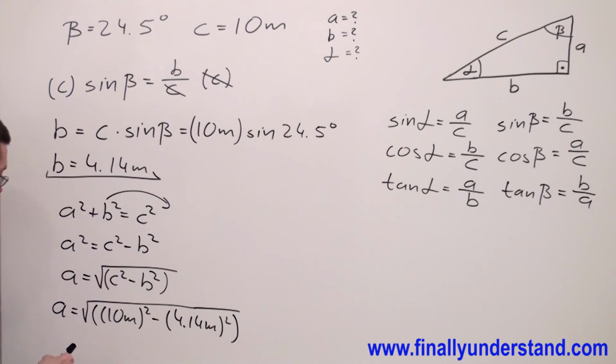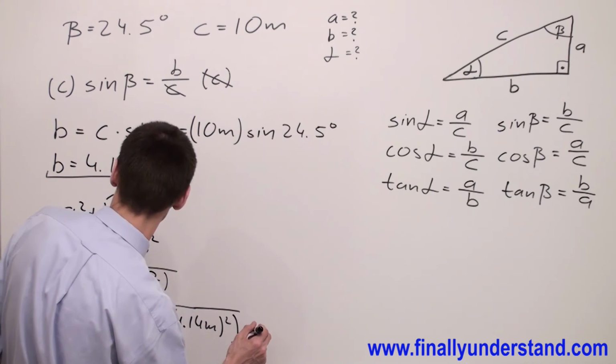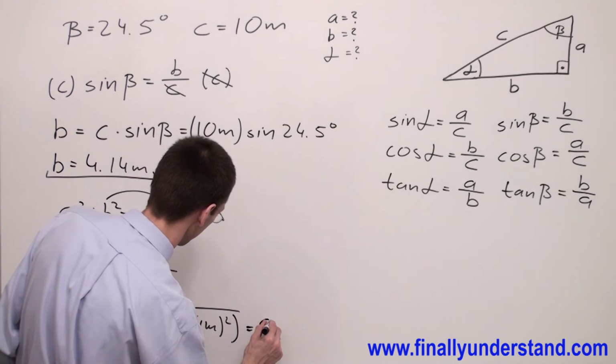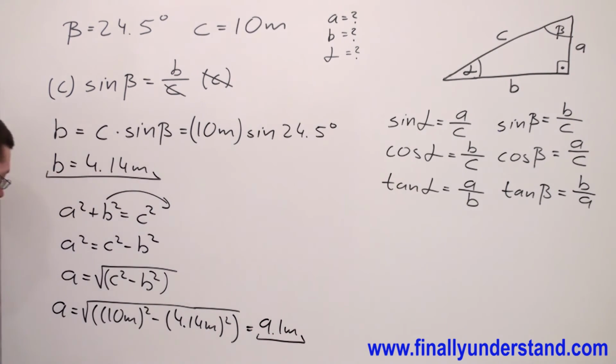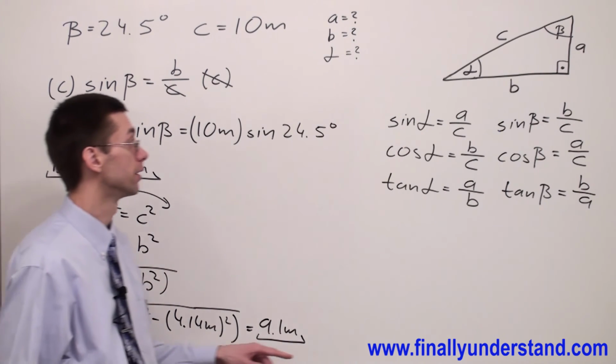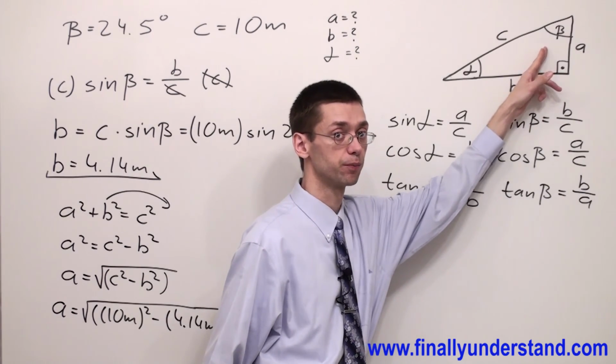Plugging these values into the calculator, you're supposed to get the answer 9.51 meters. This is the length of side A, which is simply the adjacent to angle beta.